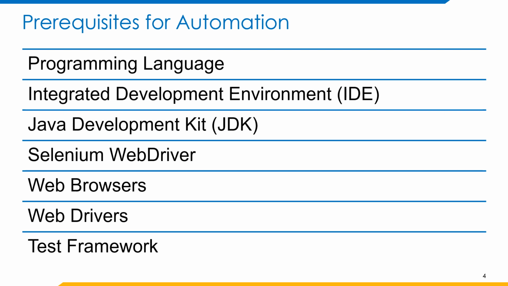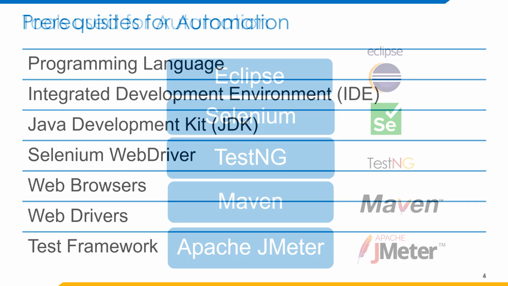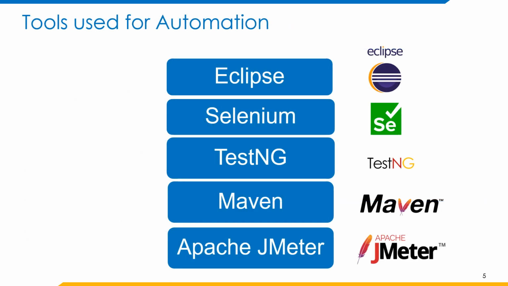By meeting these prerequisites, you will be well prepared to start automation testing using Selenium and create efficient, maintainable, and effective test scripts. Coming to the next slide, we are going to discuss about tools used for automation testing. The tools are Eclipse, Selenium, TestNG, Maven, Apache JMeter. In detail, we are going to see in the next slide about each tool and what are its uses.